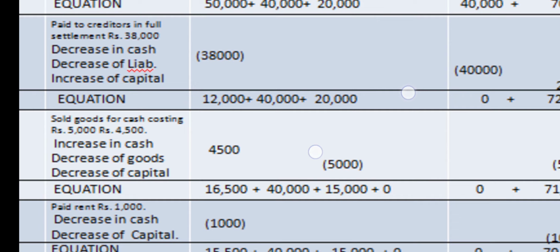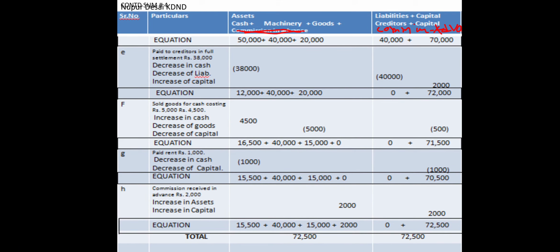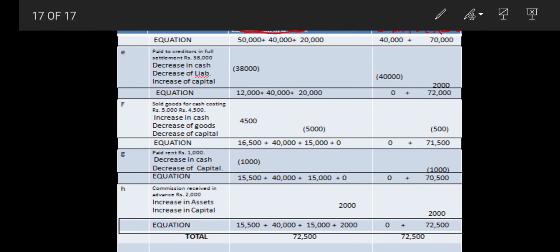And then, what is this commission in advance? Commission in advance is always increasing your asset and it increases your liability. So commission in advance will be on the liability side, one effect, right? And another effect will be it is increasing your cash. So here it should be cash 2,000 increases, right?